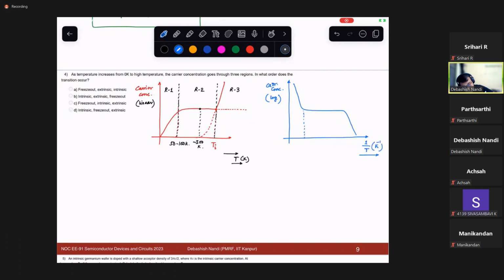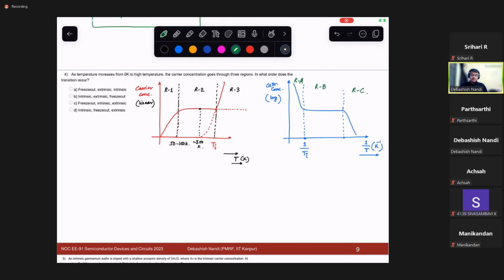So this is your 1 over T, and this is some temperature. Can anyone tell me whether you have seen any of this, region A, region B, region C? Any one of these plots?